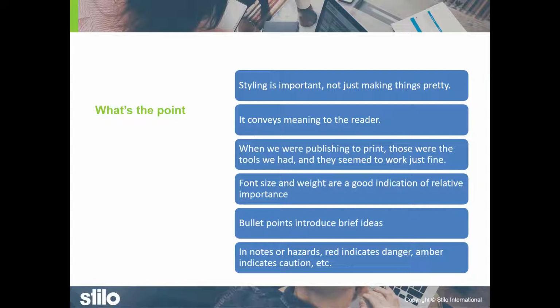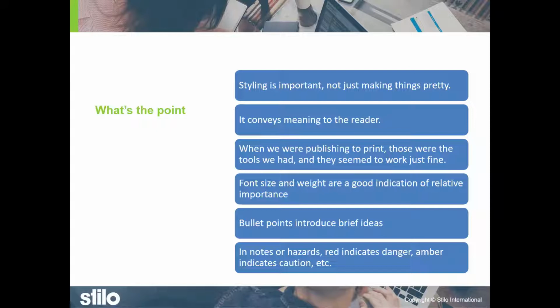Back in the day, when primarily what we were doing was publishing to print, we used the tools we had. They seemed to work just fine. Font size and font weight are a good indication of the relative importance of items of text. Bullet points would be used to introduce brief ideas. All fine.